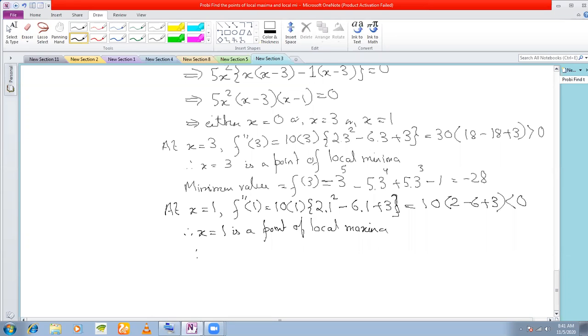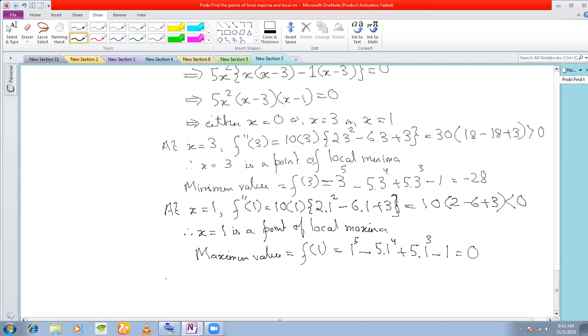What is the maximum value? F1. Put it in the function: 1 to the power of 5 minus 5 into 1 to the power of 4 plus 5 into 1 cube minus 1. You will get maximum value equal to 0.